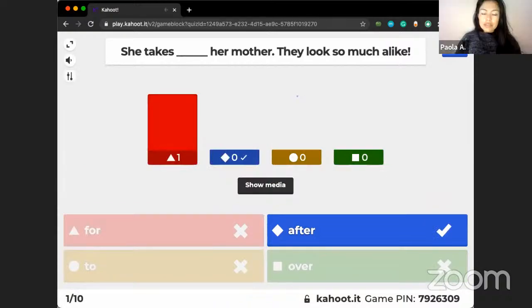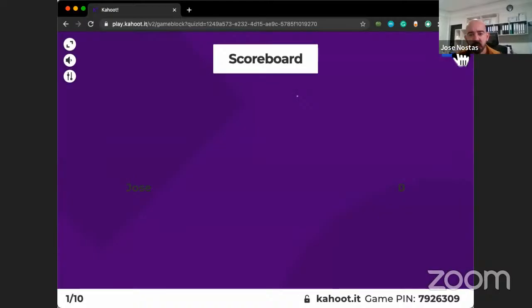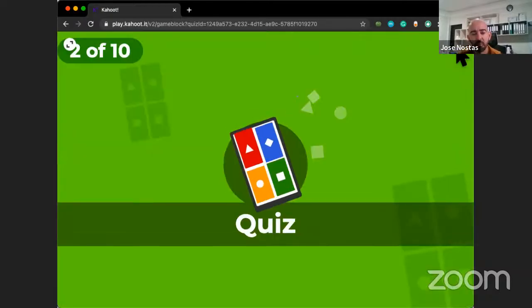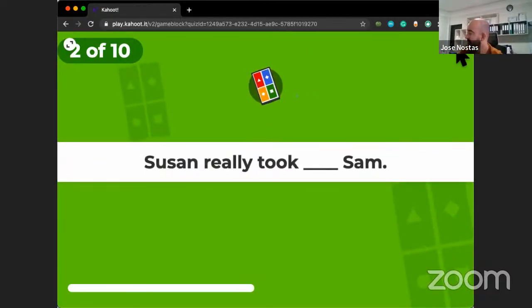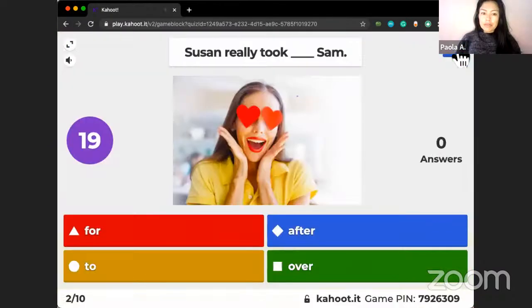She takes after her mother. They look so much alike. Excellent, very good. So the phrasal verb here is takes after or take after. So it's like they're very similar.